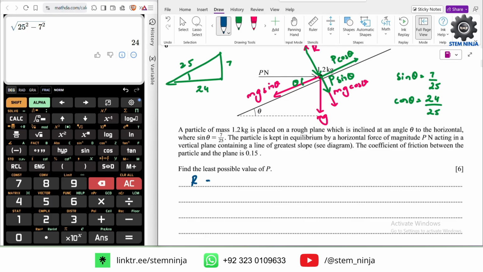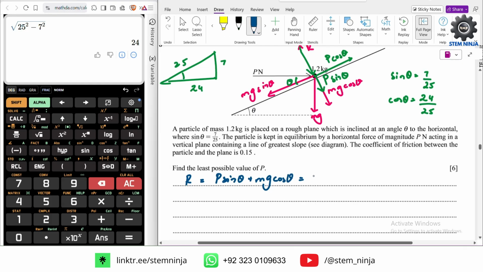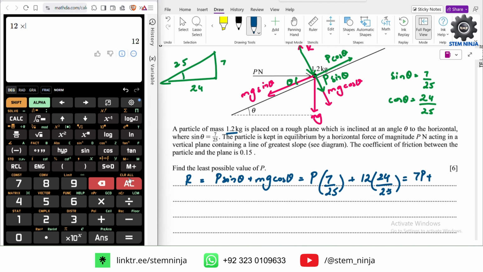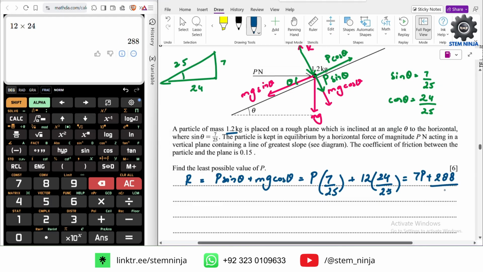Right, okay. So first off, R is equal to P sine theta plus mg cos theta. So P sine theta is 7/25 and mg is 12, cos theta is 24/25. So we can write it as 7P plus 12 times 24, 288 over 25.